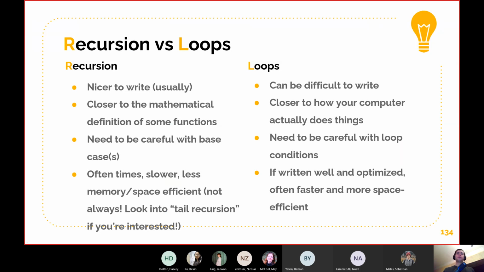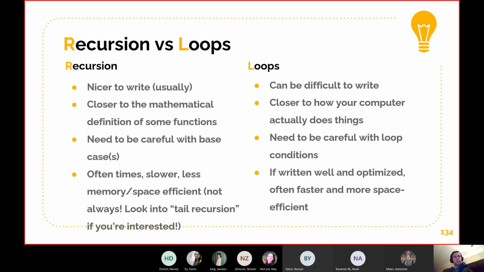You need to be careful with base cases, the same way you need to be careful with loop conditions. You need to make sure that a loop condition will be broken at some point or satisfied at some point. The same way you need to assure that your input will finally reach the actual base case.